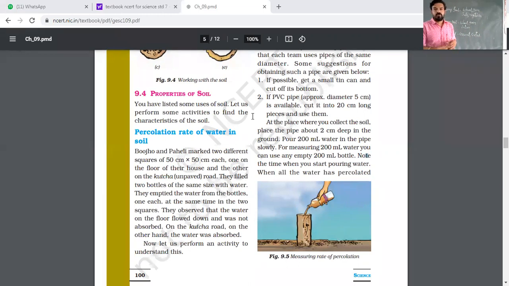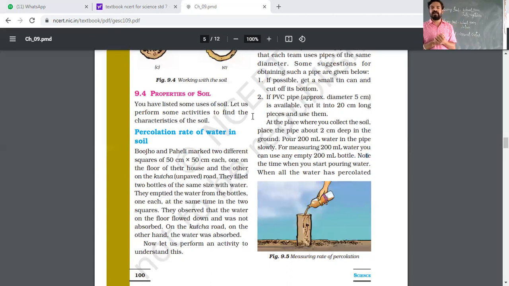If you spray water and notice which one has the fastest, easiest way of percolation, you can see the Kacha road will percolate immediately compared to the floor where water is sprayed. This way we can identify the percolation rate.